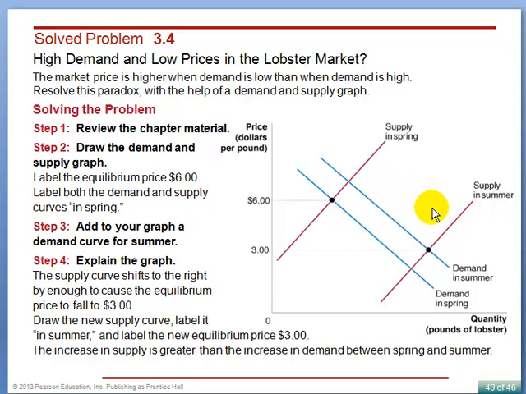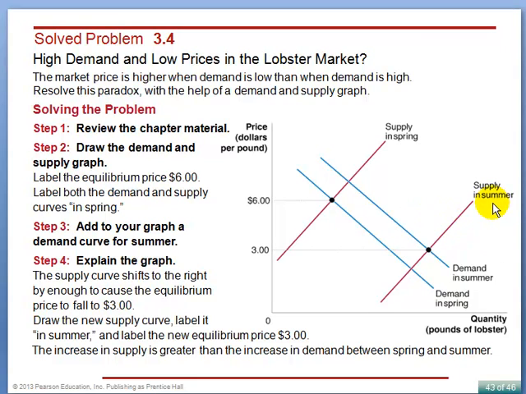So you can tell the difference, why the price is much higher in the spring when the demand is low, and the price is much lower in summer when the demand is high. Once we bring in the supply curve, this explains everything, right?